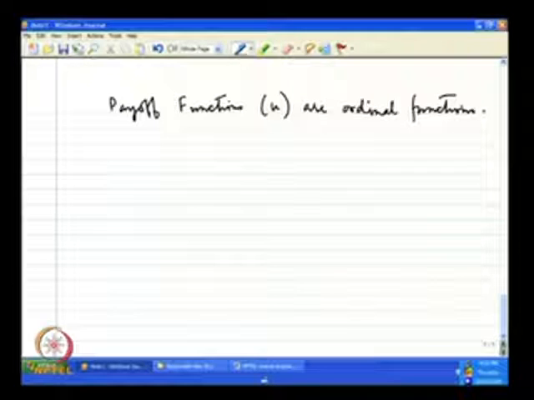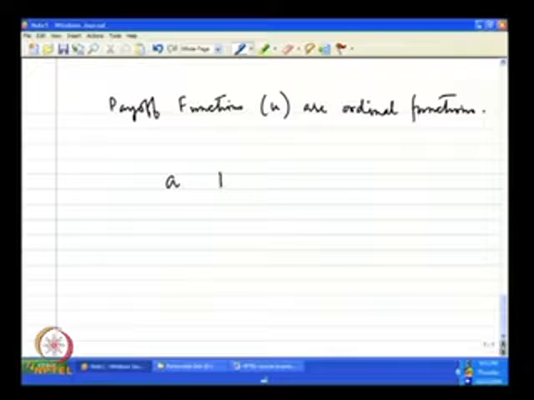Now, what one means by ordinal function is that if payoff functions are applied over different actions, then we get numbers, right? Now, what matters is not the absolute value of the numbers. What matters is the relative value of the numbers. That is the crux of the ordinal functions.